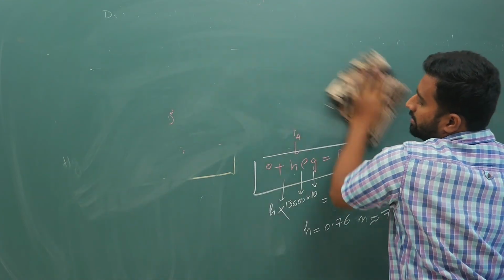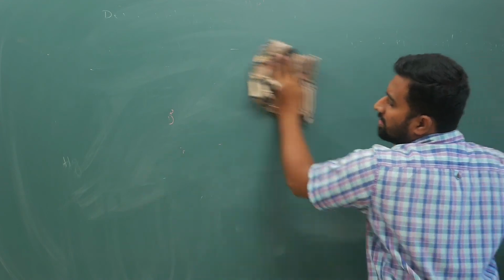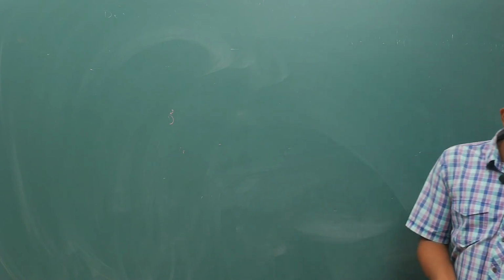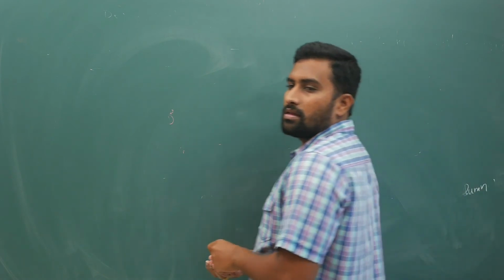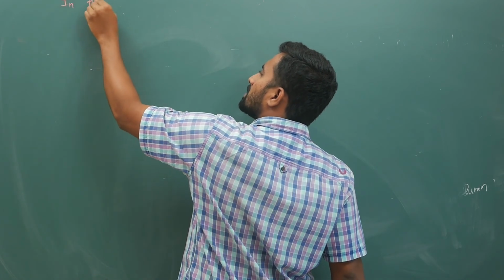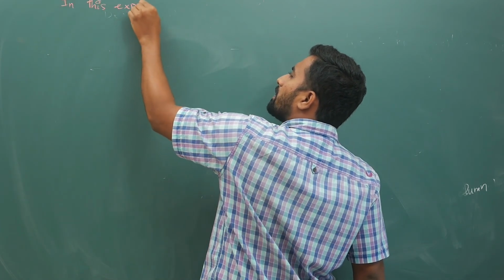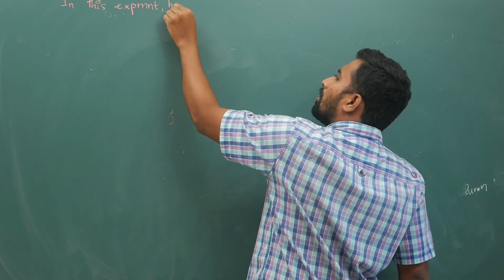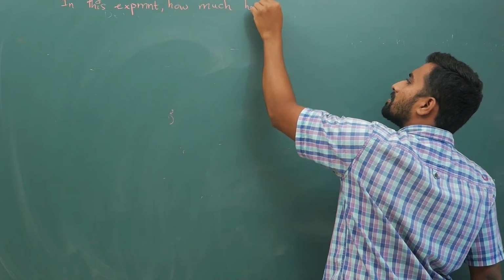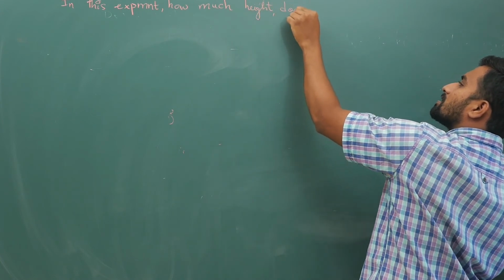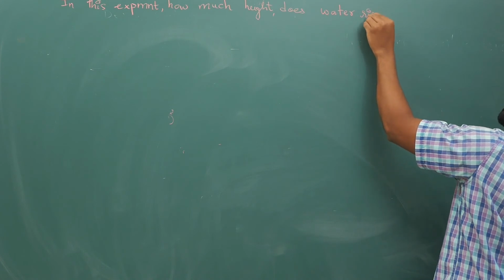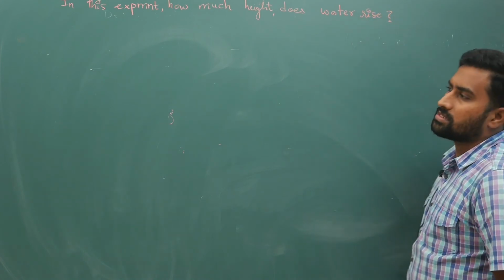how much height will water rise if instead of mercury, I use water? In this experiment, how much height does water rise?